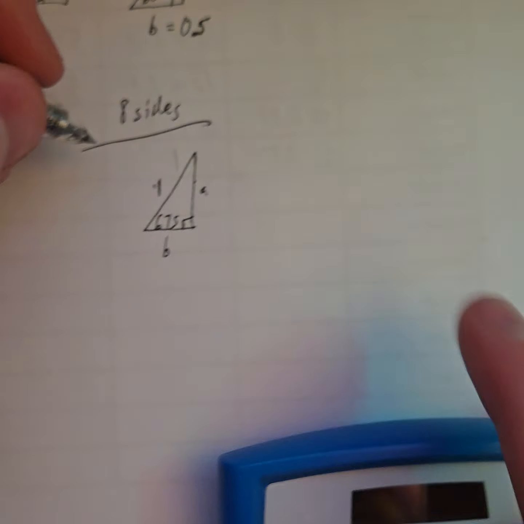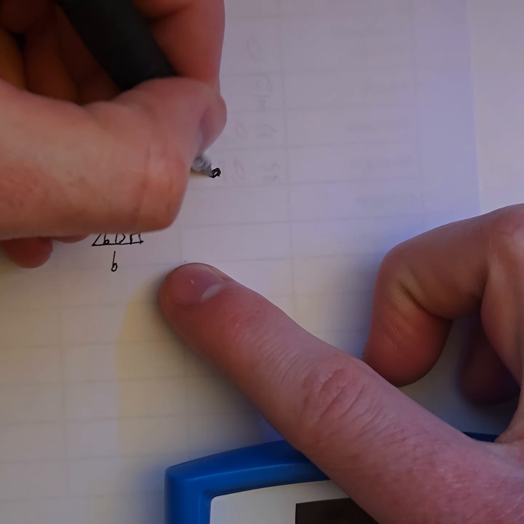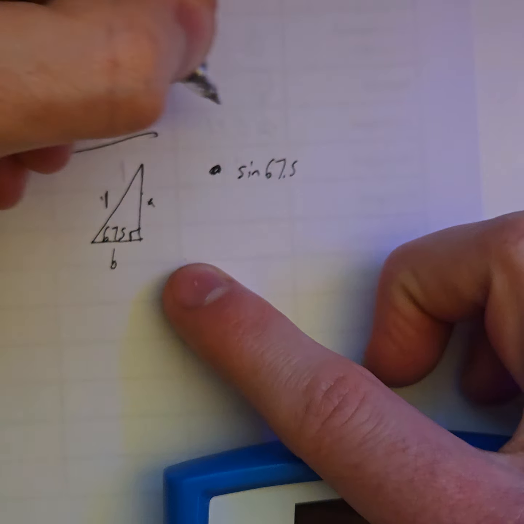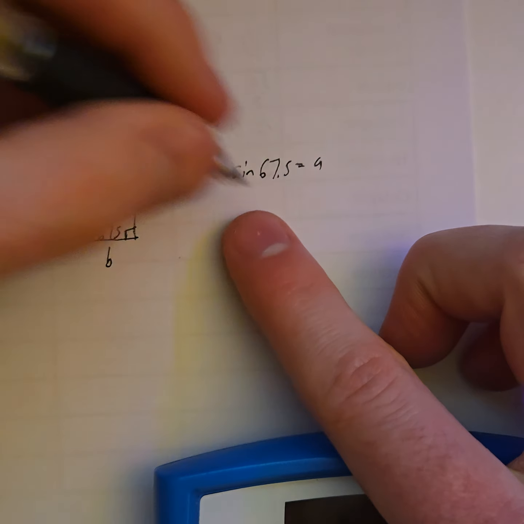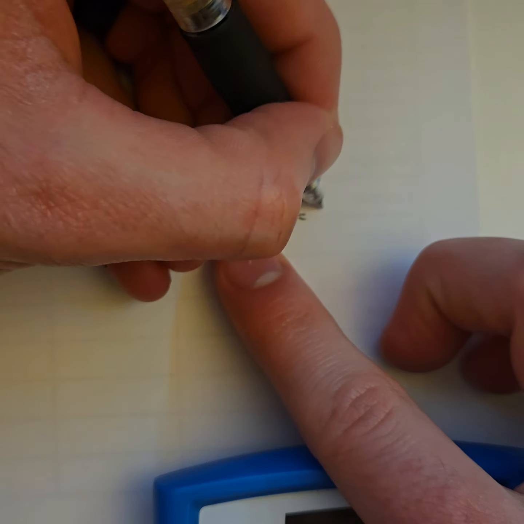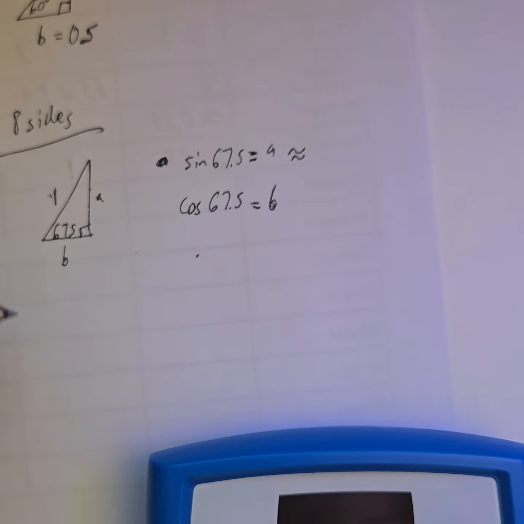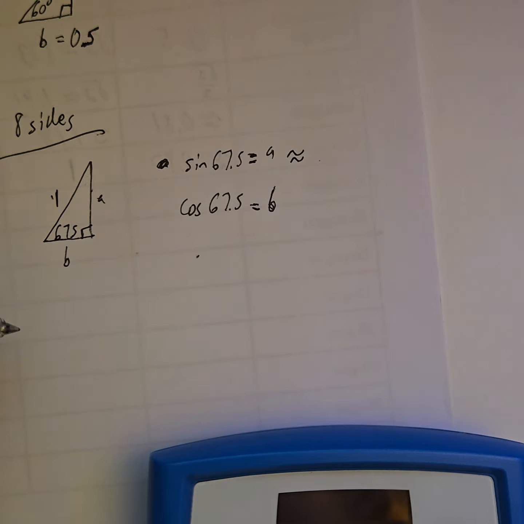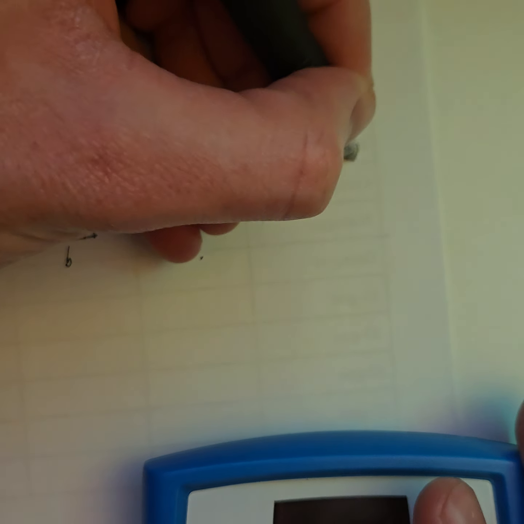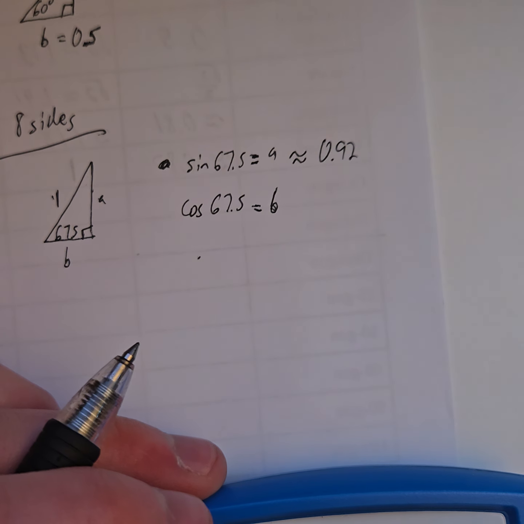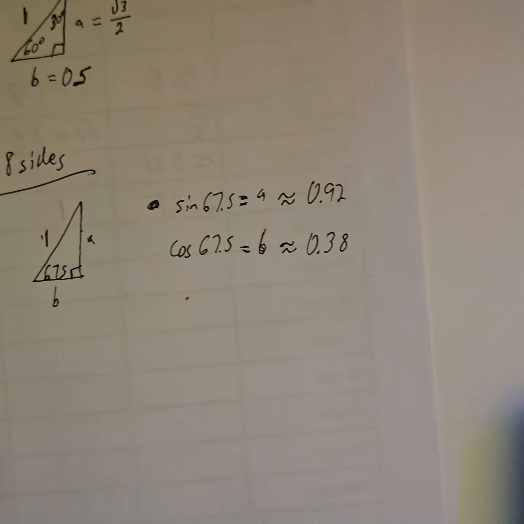Now you can find A and B. Now this one you want to go back to your sine of 67.5 is going to be A, and cosine of 67.5, that's going to be B. Okay, so if you type those in, A for the octagon is around 0.92. And for the B value, it's approximately 0.38. Okay, 0.38 for your B value.